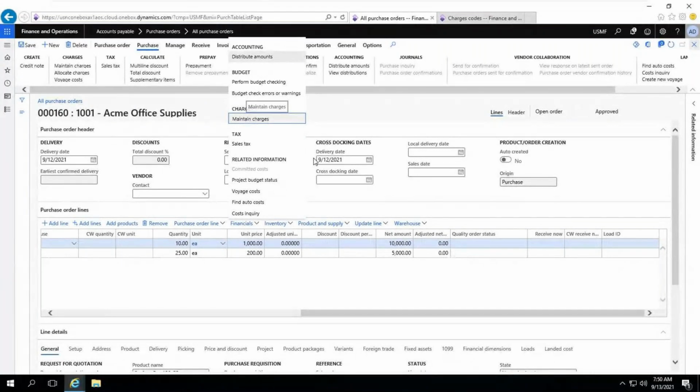And now let me allocate the charges based on the net amount. That is the best practice always. The best practice is net amount. So based on that, I will proceed and continue with product receipt and invoice, and I will show you how the vendor was posted. Let me show you.